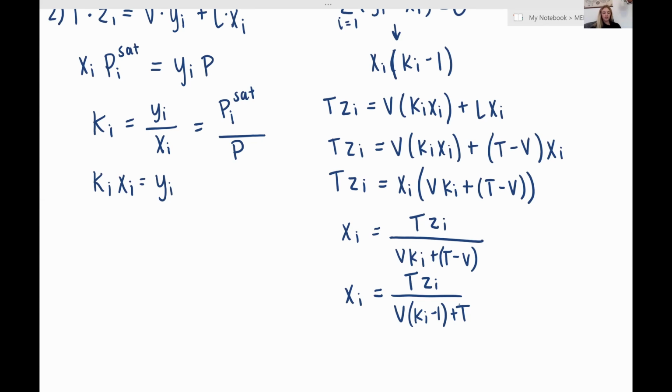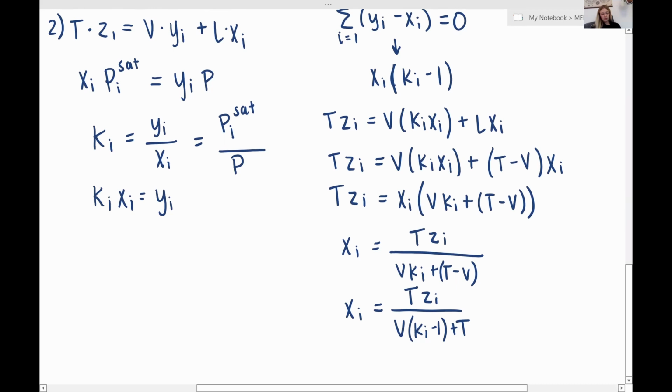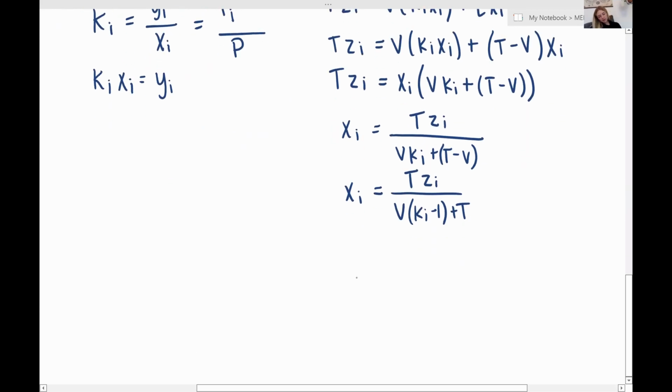We can divide our numerator and denominator by T. So we'll have xi is equal to zi over V over T times ki minus 1 plus 1. So now we have xi alone.